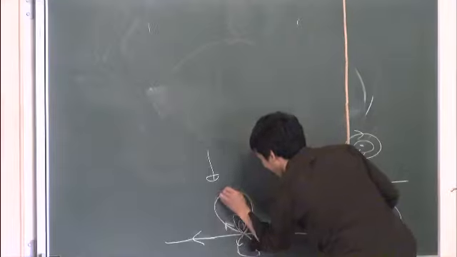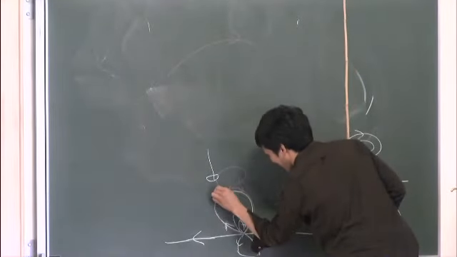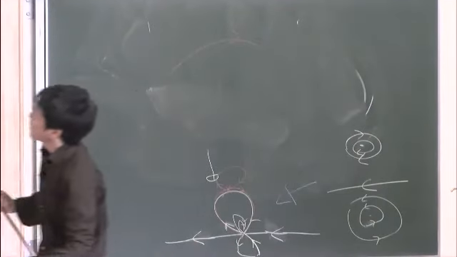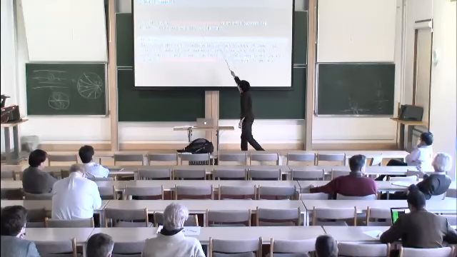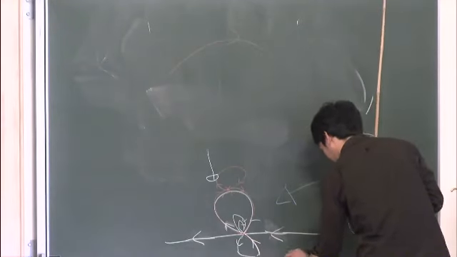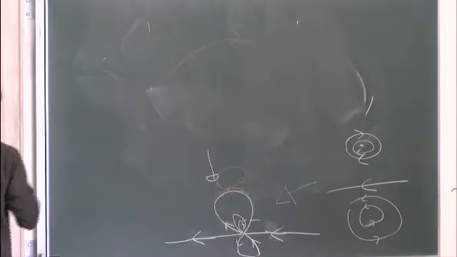Sorry, no. Actually, they are not circles. But they are circles pinched at one point, at the singularity point. This is an SS saddle connection. Okay, I will draw a bigger picture.